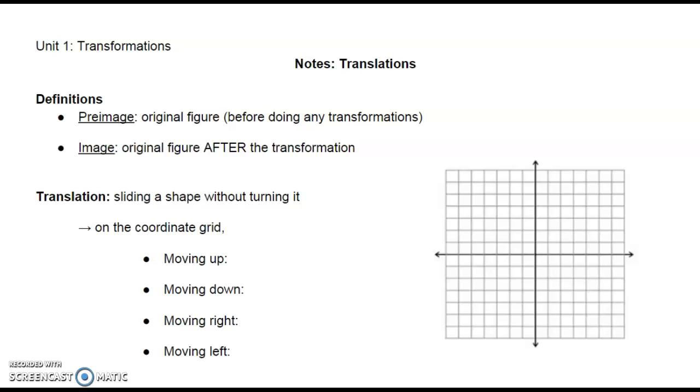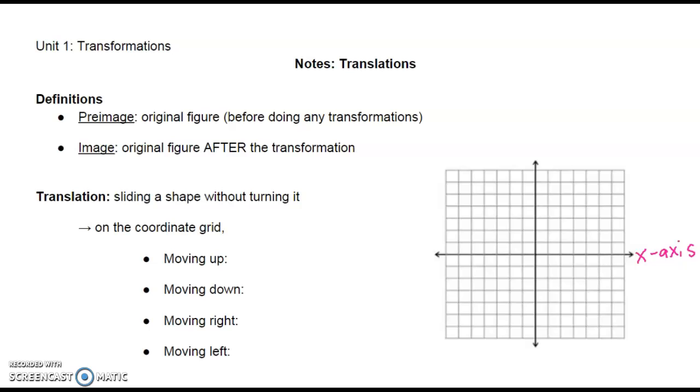So these notes today, we're specifically talking about translations. So a translation is when we slide a point or a shape without turning it or flipping it. So all we do is take the point or shape and slide it some direction. When we think about the coordinate grid, let's remind ourselves that our horizontal axis is our x-axis.